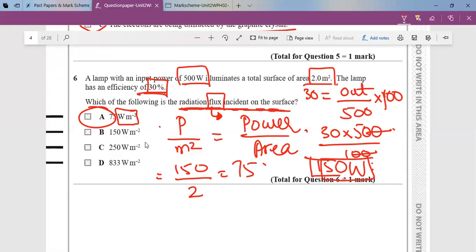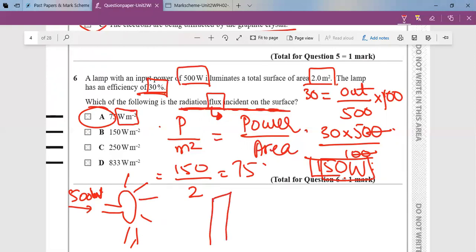Wait, I didn't get this question. Basically they've given us the input power, and they are saying that you have a lamp, and to that lamp you give some power, 500 watts. Then that lamp converts that electrical power into light power, into luminous power, and that light falls on a surface. This is under the intensity of light chapter. They're asking us to calculate the intensity, because power per meter squared is the unit of intensity.